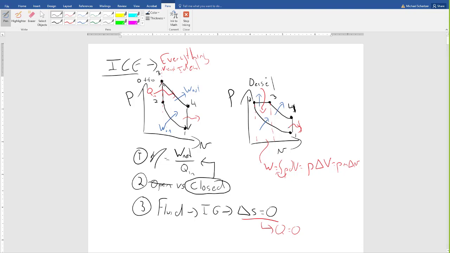So if that is true, then wouldn't a diesel cycle always be used over an Otto cycle? If you were trying to generate more power, yes. So Otto cycles typically have better efficiency at lower powers, right? A spark ignition engine is an Otto cycle.